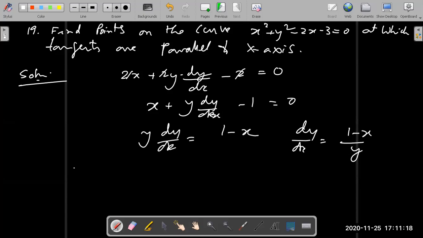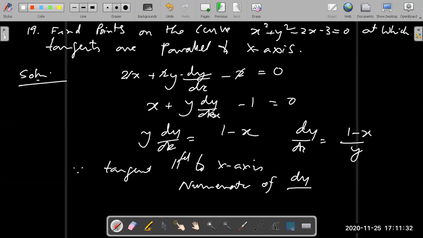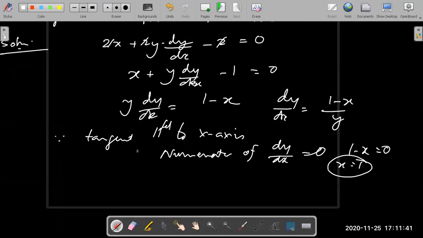So since tangent is parallel to x-axis, the numerator of dy by dx has to be equal to 0. That means 1 minus x equal to 0, x equal to 1. So we need to substitute x equal to 1 in the main equation.